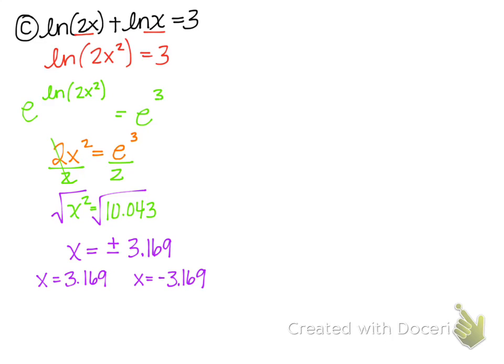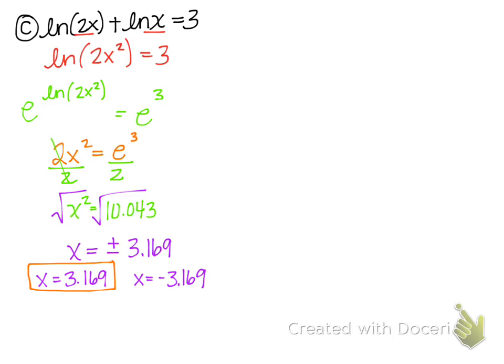But like we did yesterday, we need to make sure that our solutions are not extraneous. So if you look back originally up here, we got 2 spots for our x's. Obviously, the positive one's going to work because 2 times that positive number is still positive. When we plug it in here, it's still positive. So that's one of our answers.